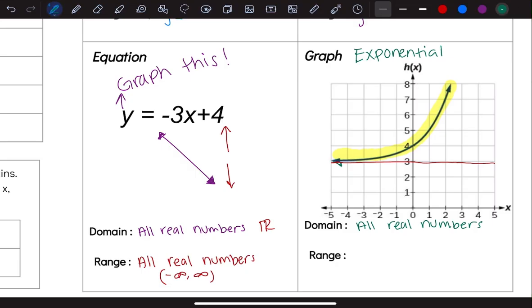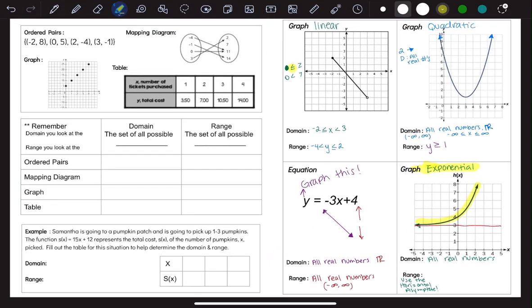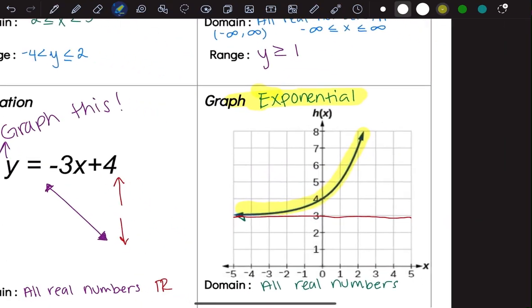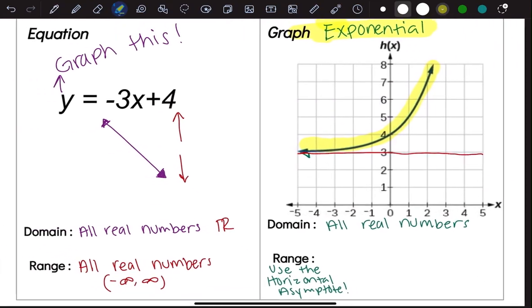So let's write a little note right here: use the horizontal asymptote for range. And remember, you only have a horizontal asymptote for exponentials. You don't have a horizontal asymptote for quadratics or linear. Only exponential functions have a horizontal asymptote.